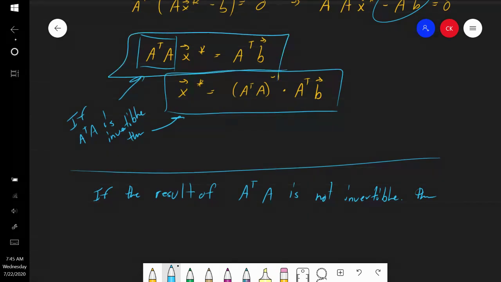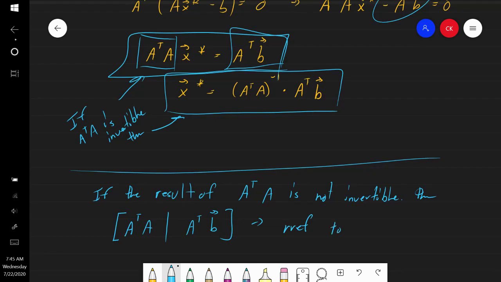So we can solve that matrix equation by taking A transpose A and putting it into an augmented matrix on the left side. And on the right side, we would take A transpose b, the result of that product, and that would then be the vector on the right side of our augmented matrix. And then, of course, we would just row reduce that and get a solution to our least squares problem.